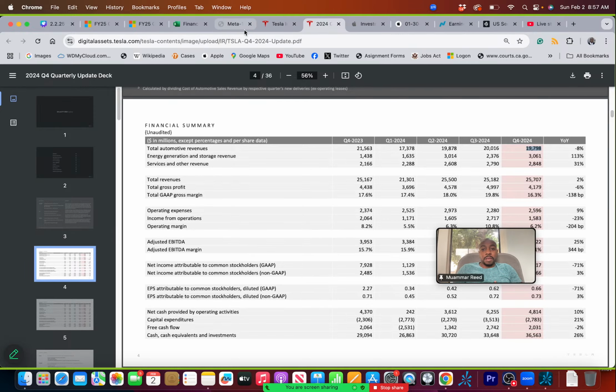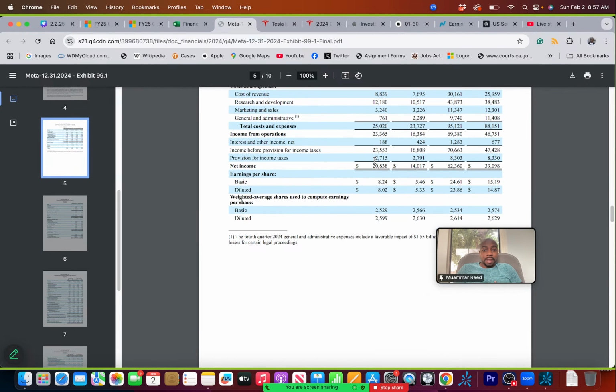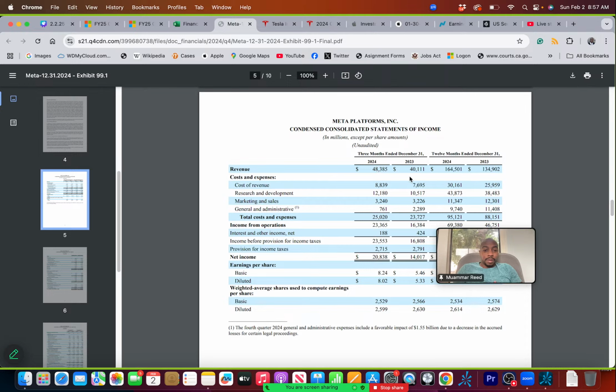True. Similar to look at Meta, from 40 billion to 48. So for me, when I'm allocating capital, I'm taking a bet, and I want the fastest horse.